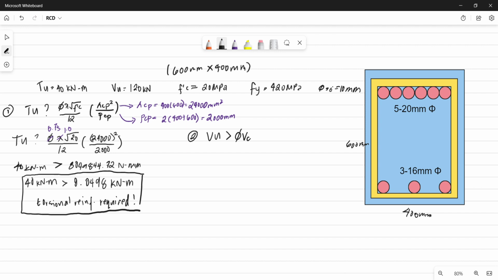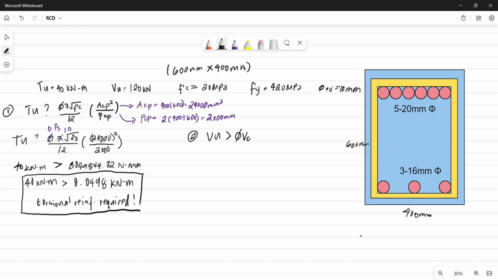So what is the formula for your VC? 0.17 FC prime BWD.